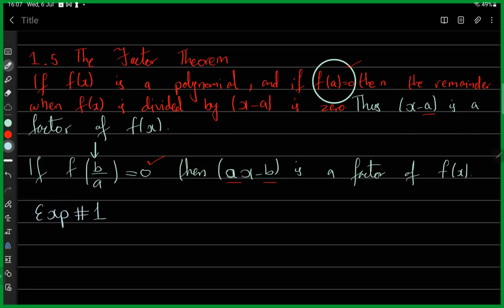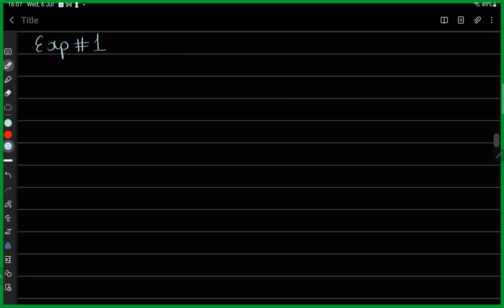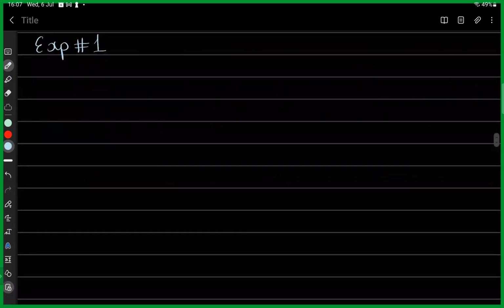Example number 1. P of x is x cubed minus ax squared plus 2x plus 8, where a is a constant.